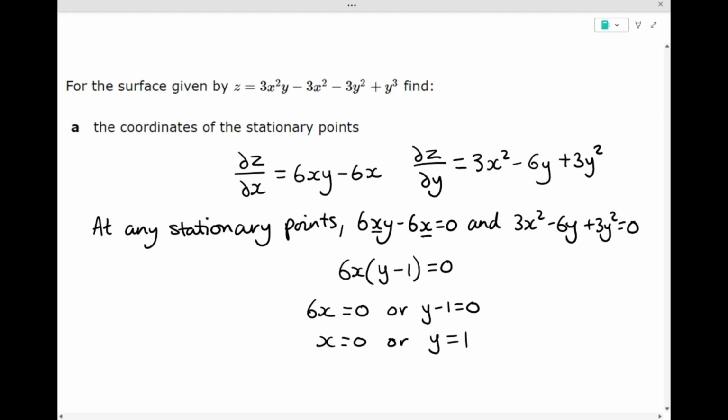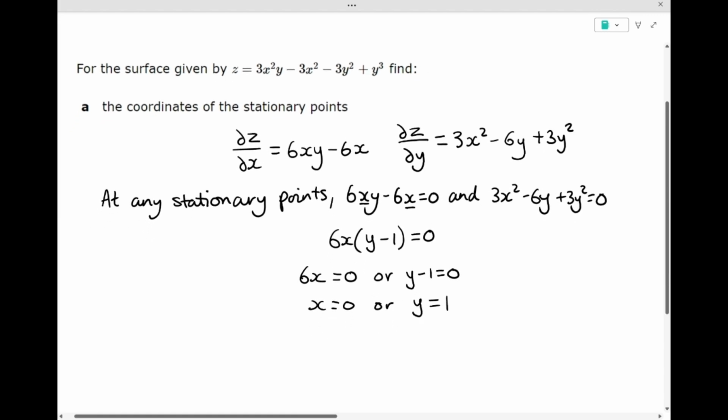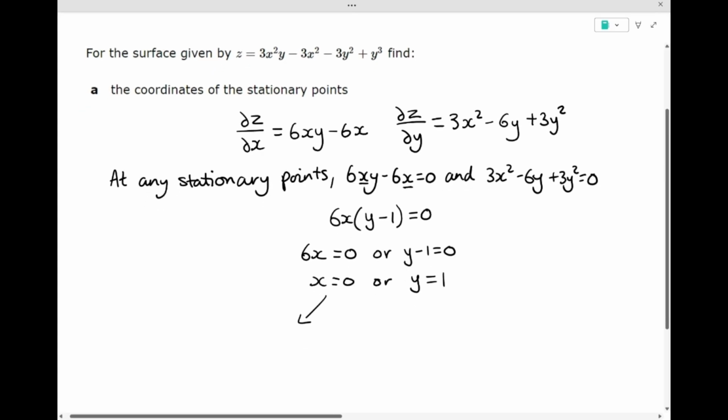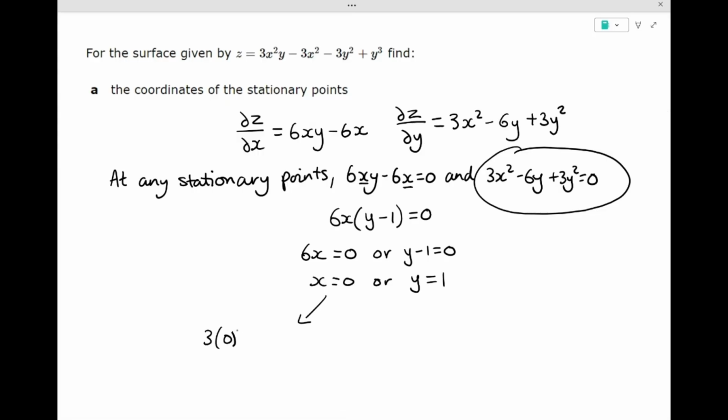So now that I've got those, I'm going to have to use both of those values separately in the other equation because we haven't actually used that yet. So I'm going to branch off the x equals 0 first, and I'm going to substitute that into my other equation. So I would have 3 multiplied by 0 squared take 6y plus 3y squared is equal to 0.